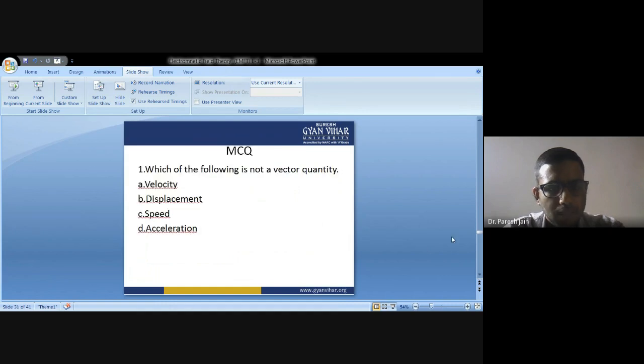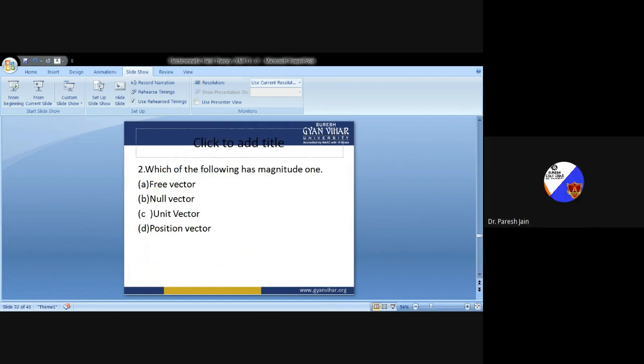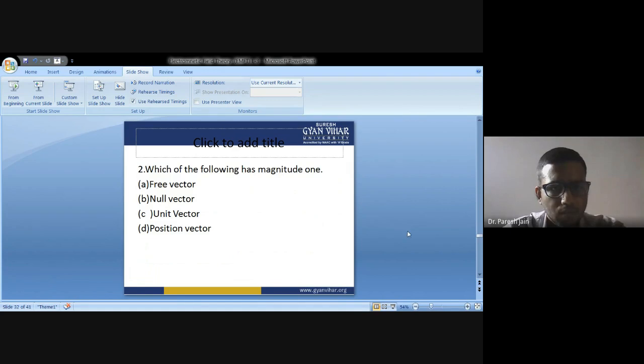Now we have some multiple choice questions related to vector quantities. First, which of the following is not a vector quantity? Velocity, displacement, speed, acceleration. Which of the following has the magnitude 1?